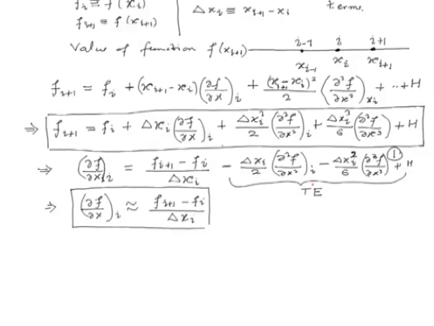So, if you look carefully, this truncation error is of order delta x_i, and here we have used the value at the node forward or to the right of point x_i. So, this is our celebrated forward difference approximation.